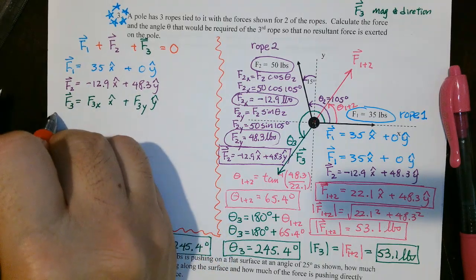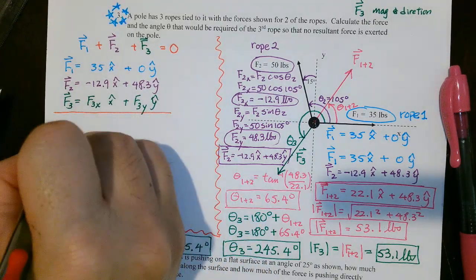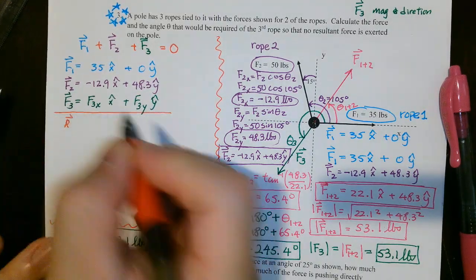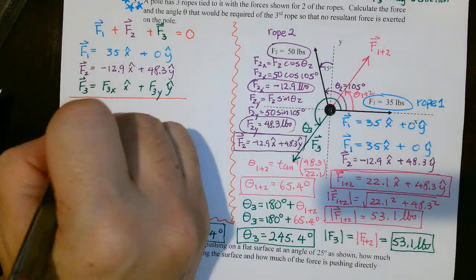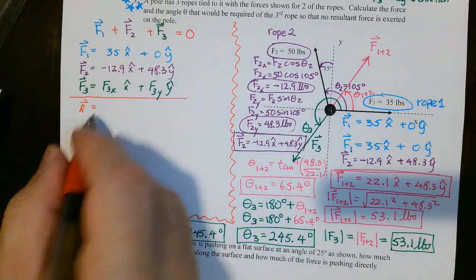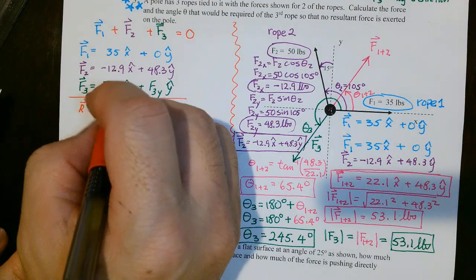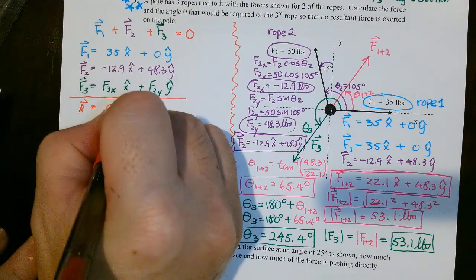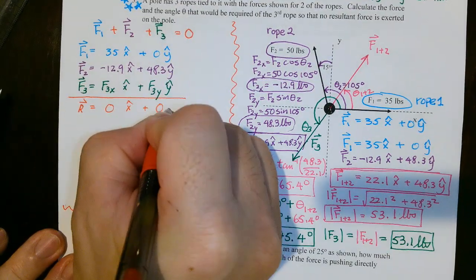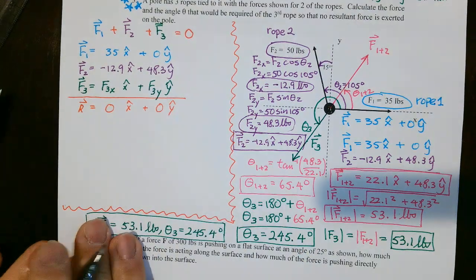And when I add all these up, I should get my resultant. And my resultant basically comes out to 0 x hat plus 0 y hat is what it says.